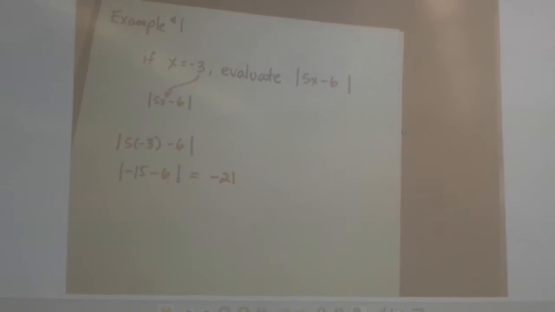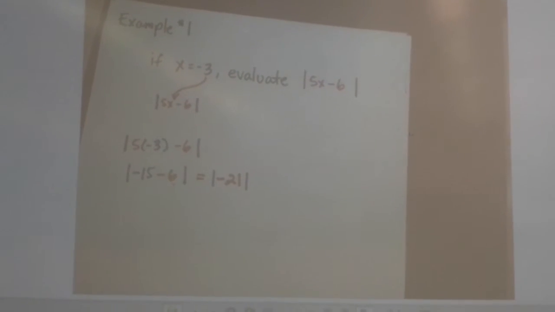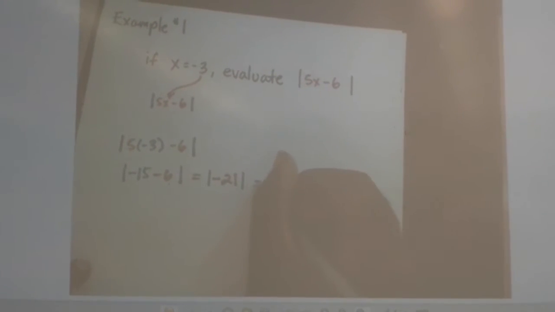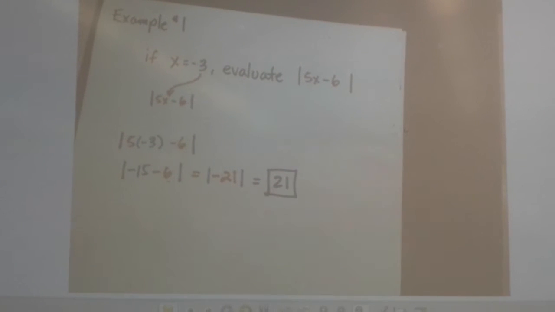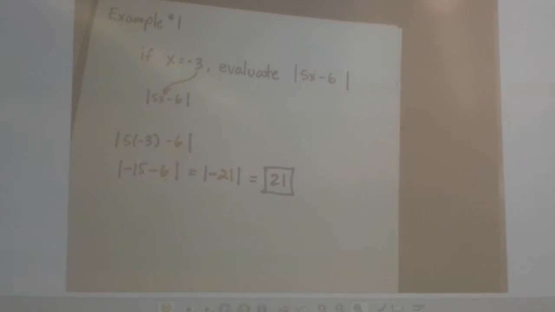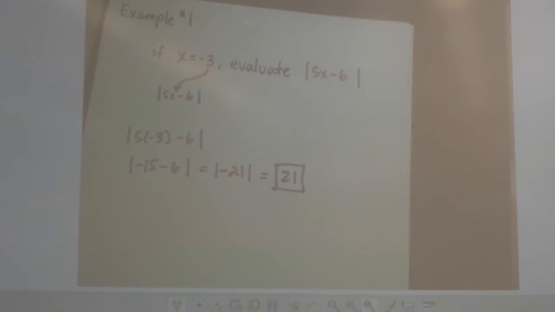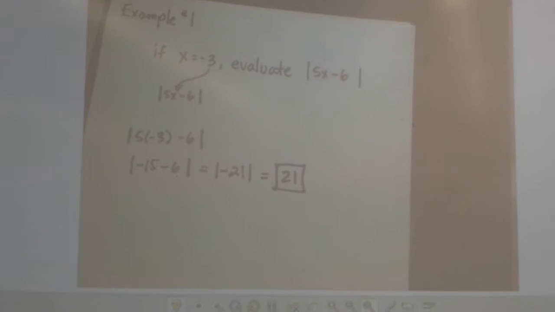However, it is within the absolute value sign. So the absolute value of negative 21 is equal to 21, because the distance is always positive. So therefore the distance is 21 units away from zero.